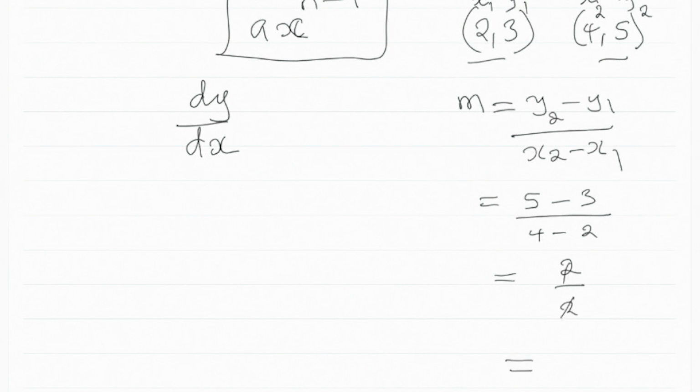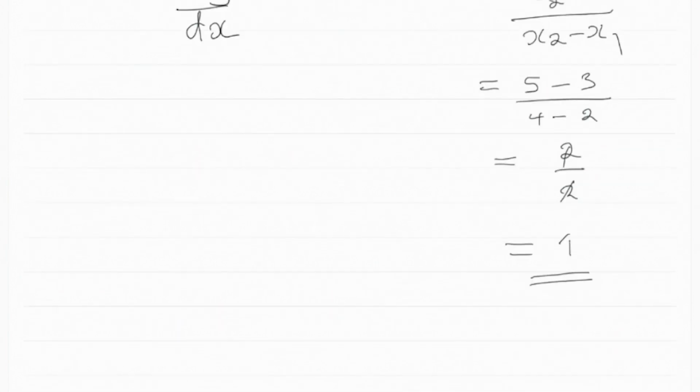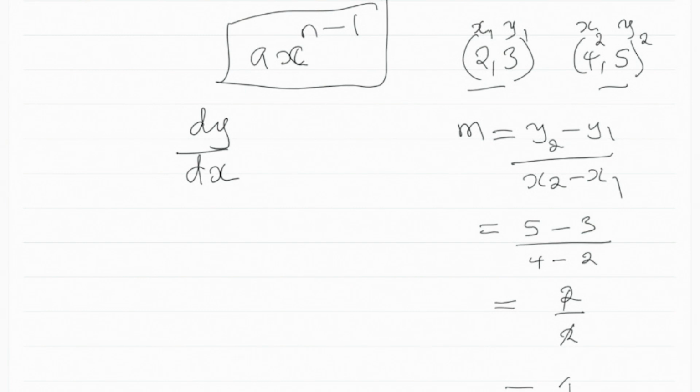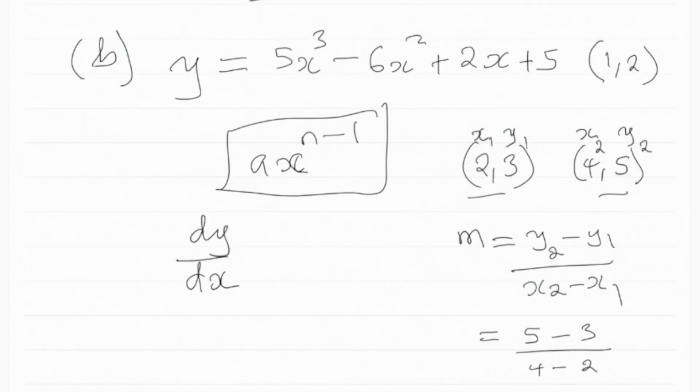So this is the gradient of a straight line passing through the points (2, 3) and (4, 5). The same concept is used when it comes to finding the gradient of maybe quadratic functions, and in this case we are looking at the cubic function. Right. So I thought I should remind you of that before we go straight into working out the gradient of this given function.